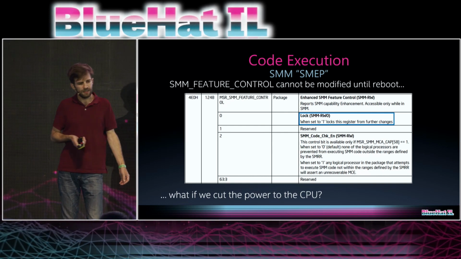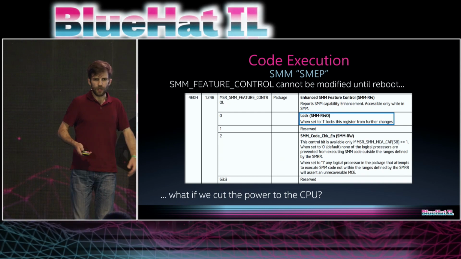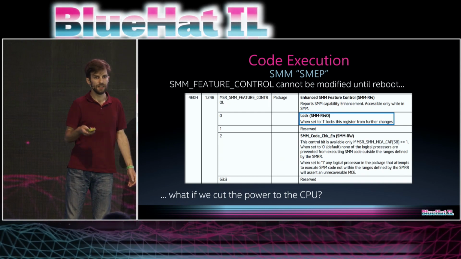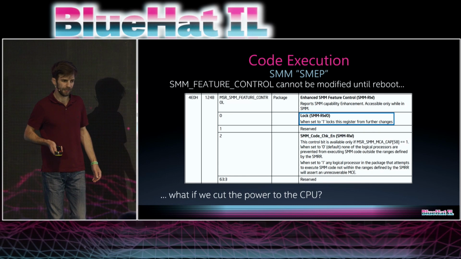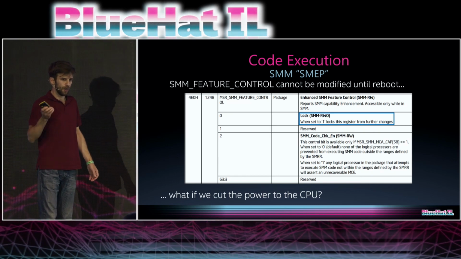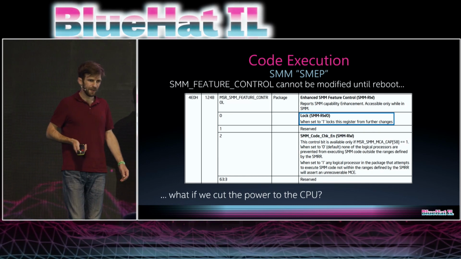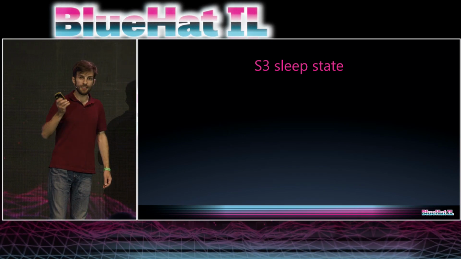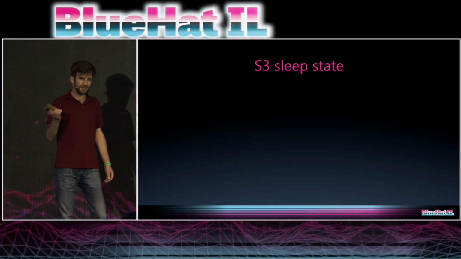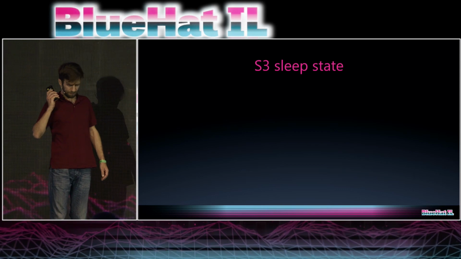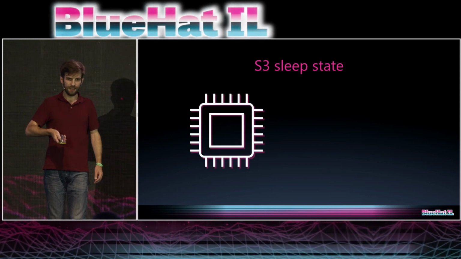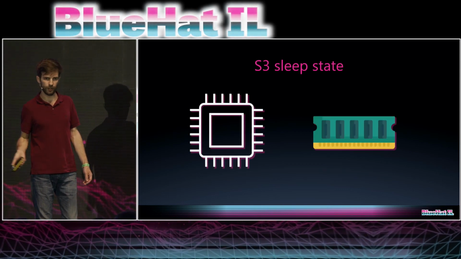So Jonathan and I sat and thought, what could be the closest thing to rebooting the machine? And then it hit us. We'll put the machine to sleep, and in particular to S3, which is a nifty state where the processor is idle, but the system memory keeps on working.